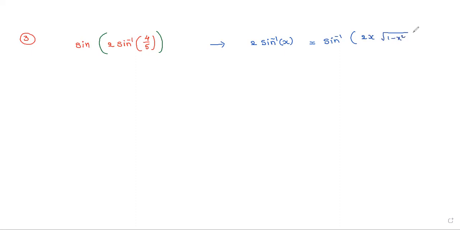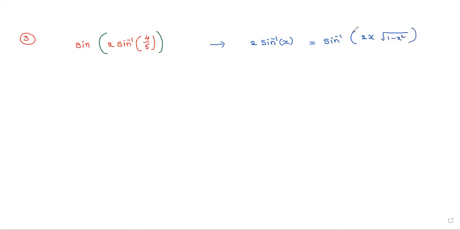Third one. Sine of 2 sine inverse of 4 by 5. So what is the formula? Please observe the 2 sine inverse of x formula: sine inverse of 2x root of 1 minus x square.